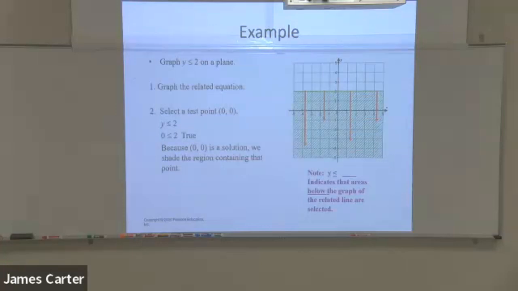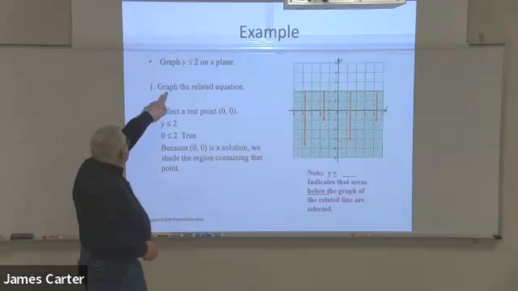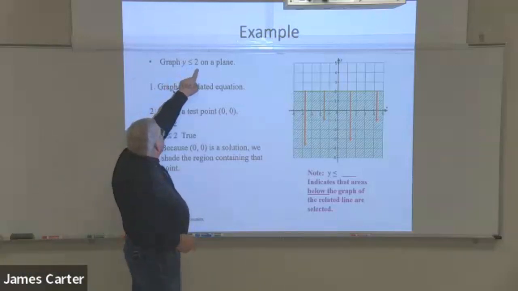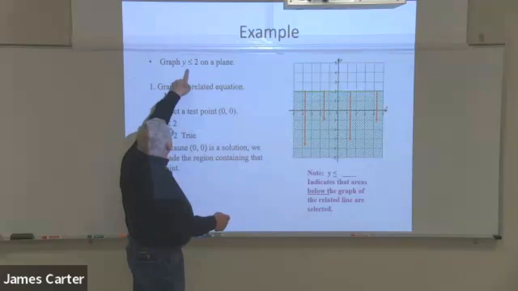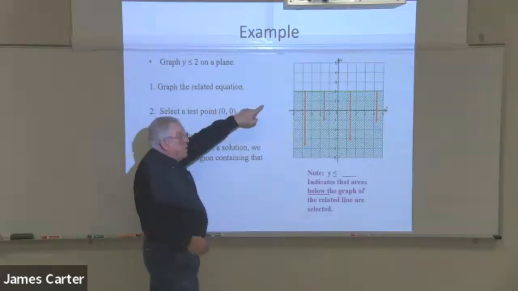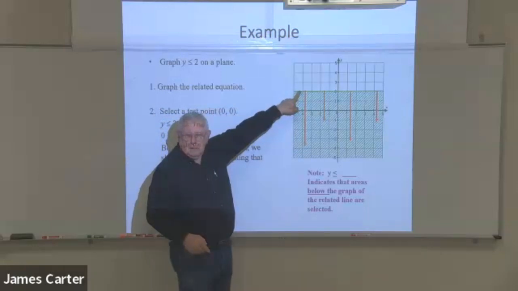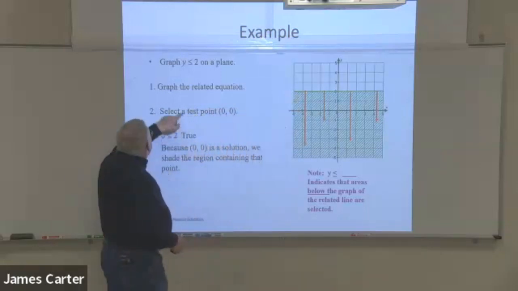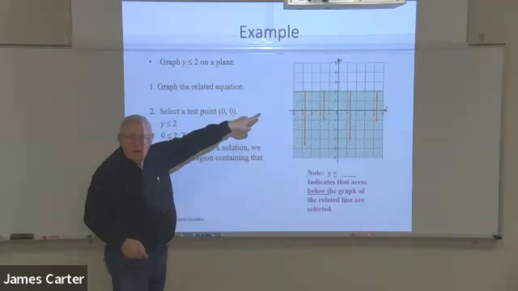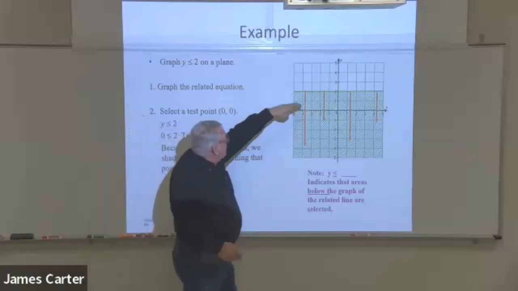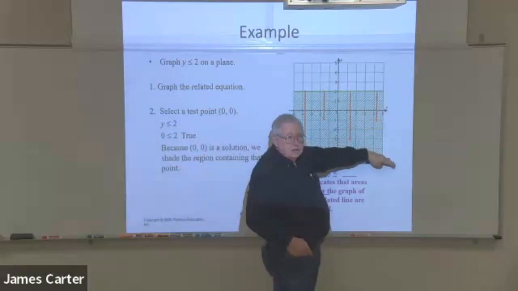Here's a horizontal line. In this case, y equals 2 would be defining this line. This time I do have an or equal, so I use a solid line. Now, what part of the graph is below the line y equals 2? Well, it's all of this.